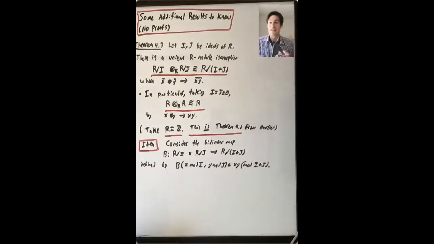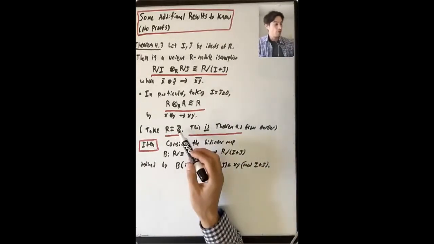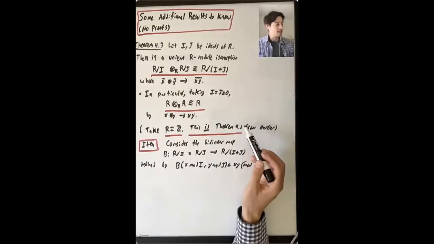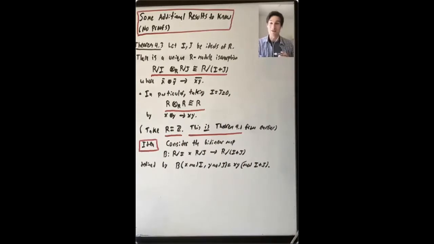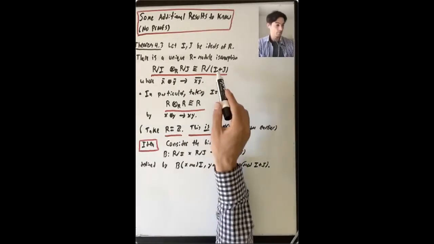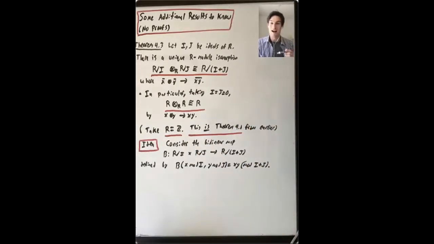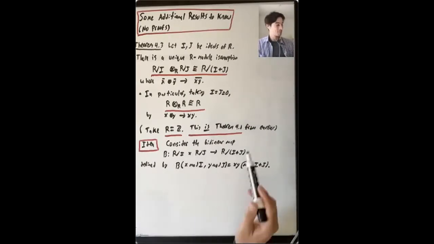They're all aZ or bZ for some positive integer. So what we get is exactly Theorem 4.1 from earlier, that Z mod aZ tensor Z mod bZ is isomorphic to Z mod dZ, where d is the greatest common divisor of a and b, because we know what the sum aZ plus bZ is.